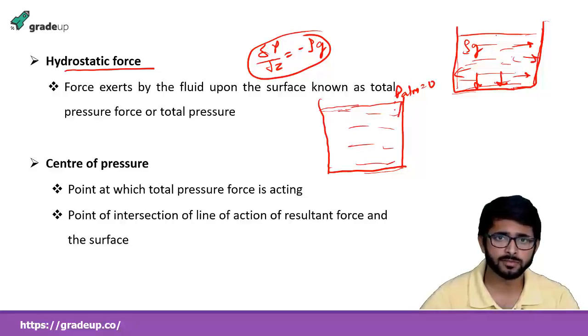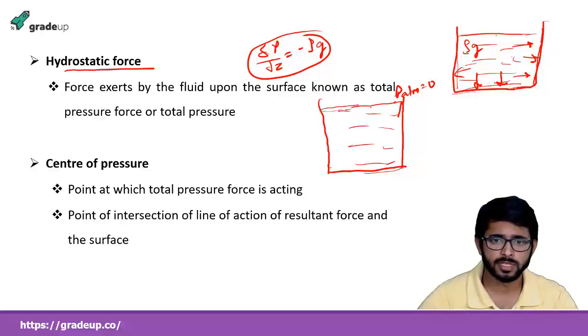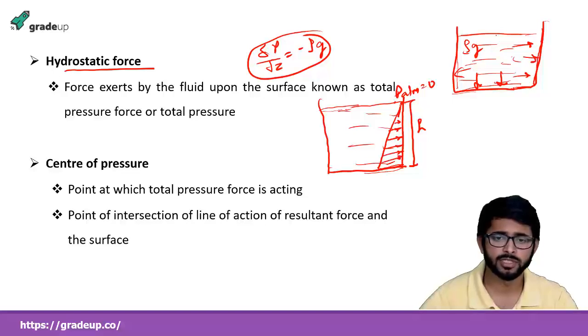As we go down from the free surface, the pressure increases. Here the pressure increases like this, and at the bottom, suppose the height is h, the pressure is applied in this direction, and the force is applied on this surface in that direction.